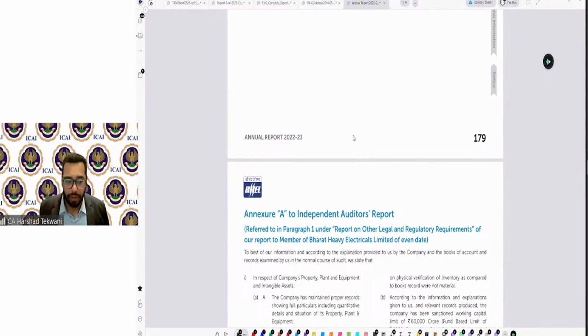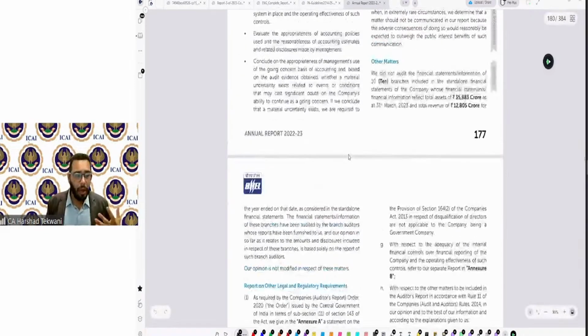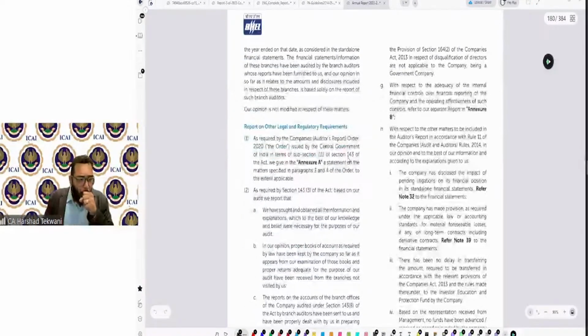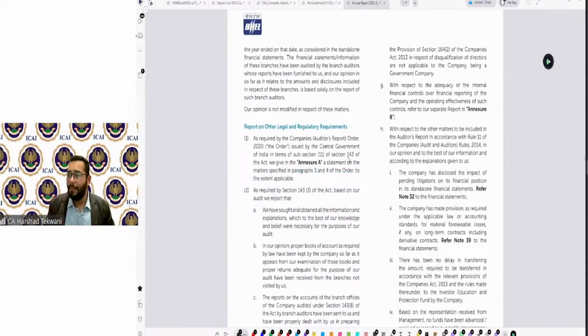Whether loans and advances made by the company on the basis of security have been properly secured, whether the terms are prejudicial to the interest of the company or not, whether the transactions of the company are represented by book entries, whether the company, not being an investment company or a banking company, has sold shares at a price less than the price at which they were purchased, whether loans and advances have been shown as deposits, meaning something which is not in the interest of the company.